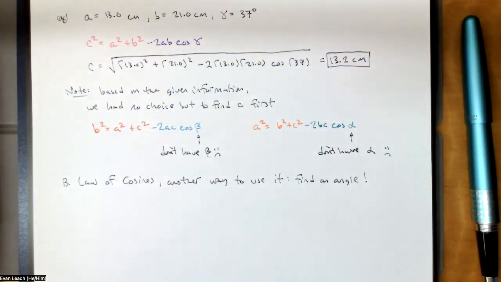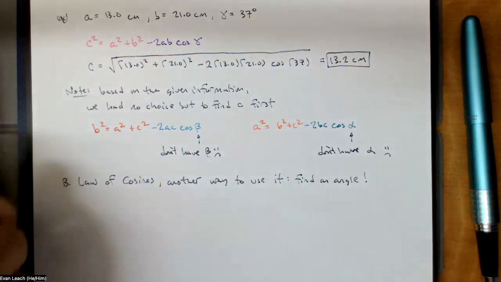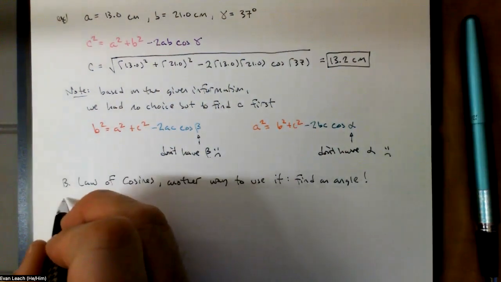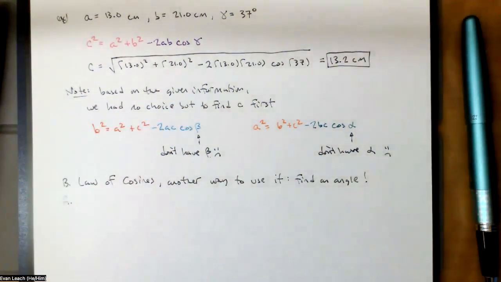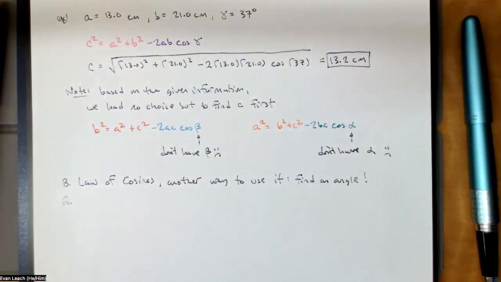Another way to use the law of cosines is to find an angle. So we'll call this B2. We can use the law of cosines to find an angle. All we have to do is take the law of cosines and turn it around.